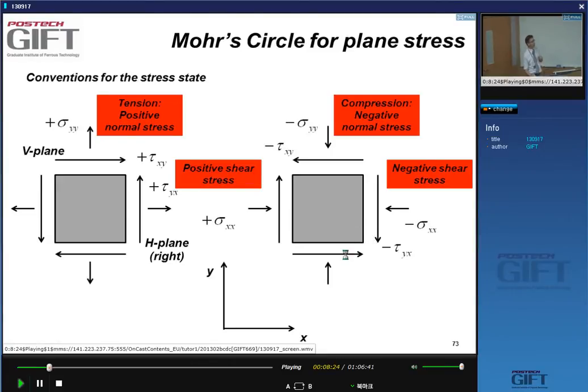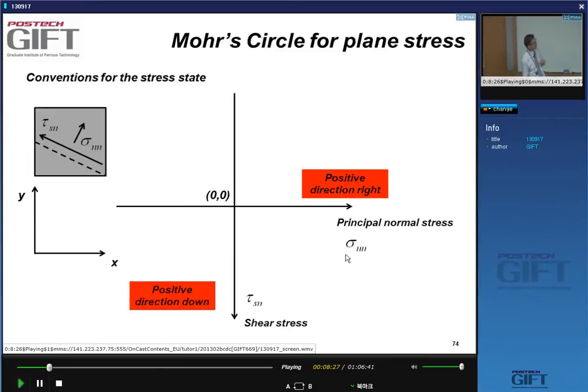Okay, good. Well, so let's do one more thing. With this convention, when we are ready to draw the Mohr circle, we have an x-axis where we will plot the normal stresses, and a y-axis where we will plot the shear stresses.